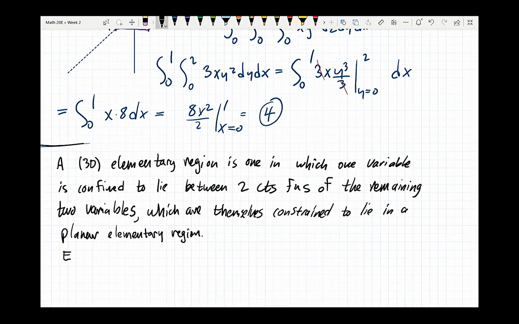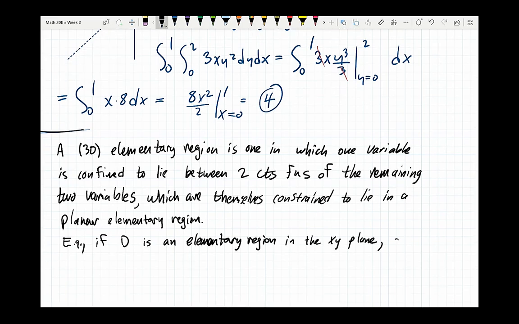So, for example, let's say D is an elementary region in the xy plane. And, ooh, what Greek letter is that?